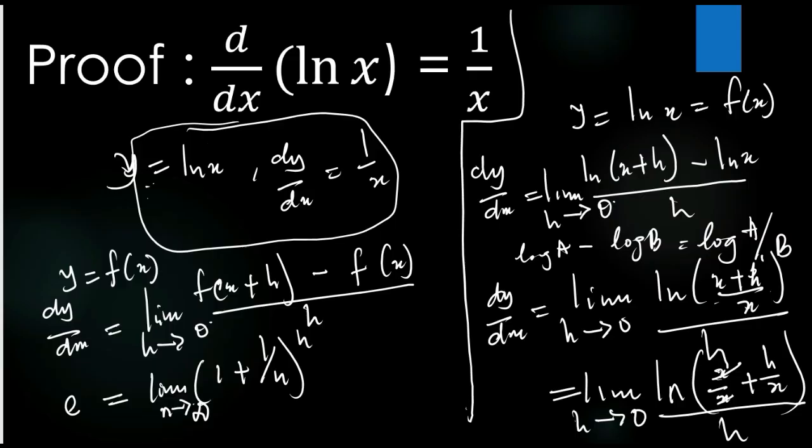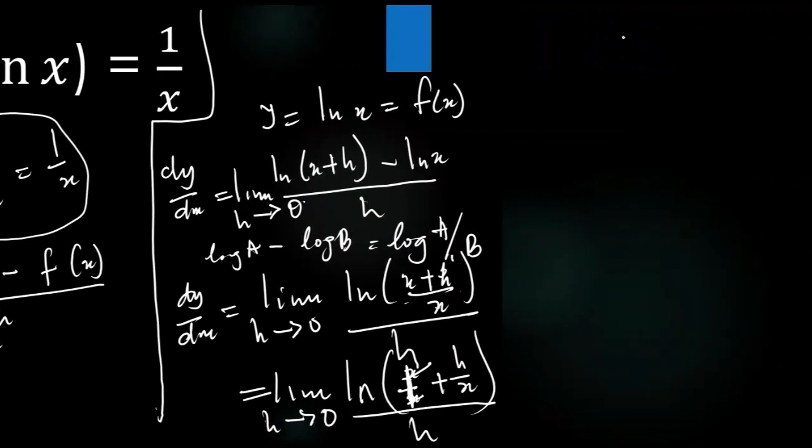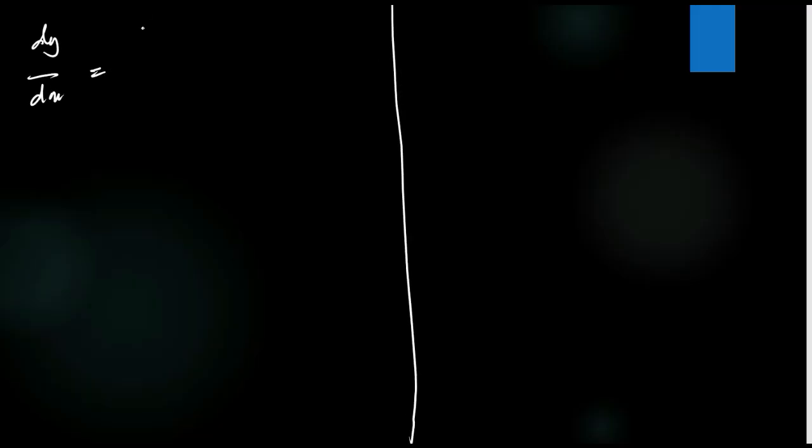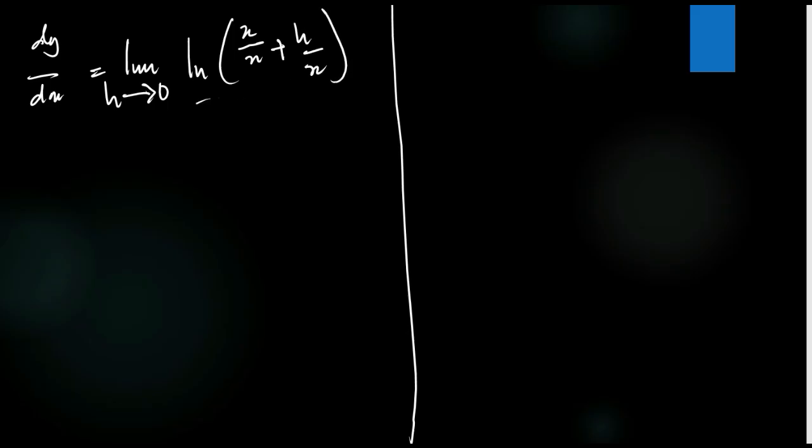So I can rewrite dy/dx as the limit as h tends to 0 of ln of x over x plus h over x, all over h.